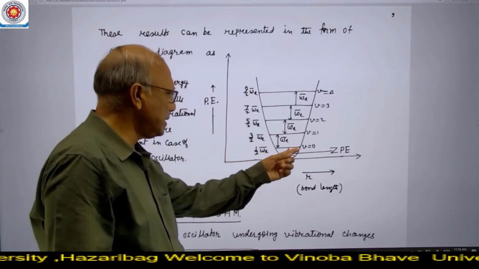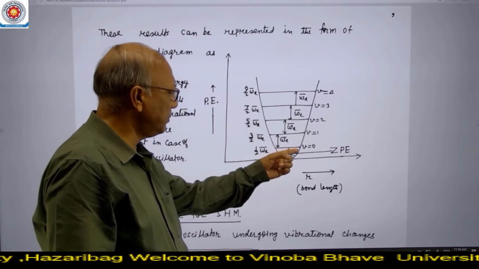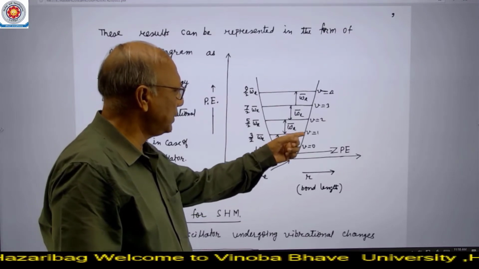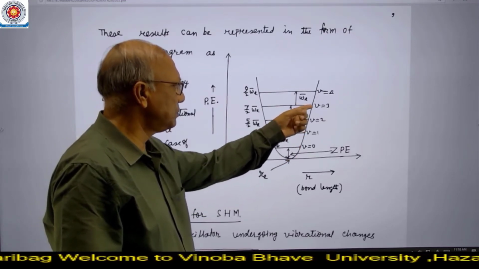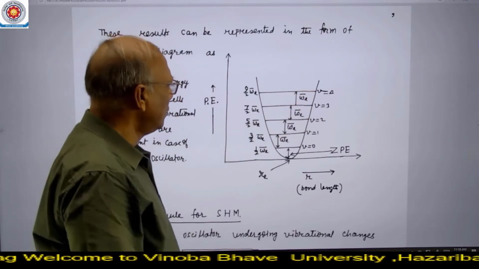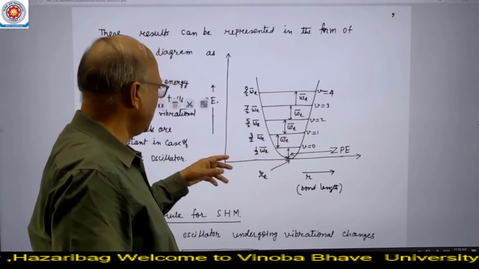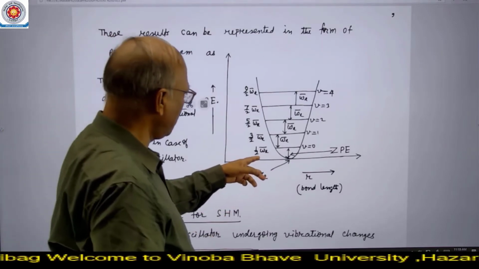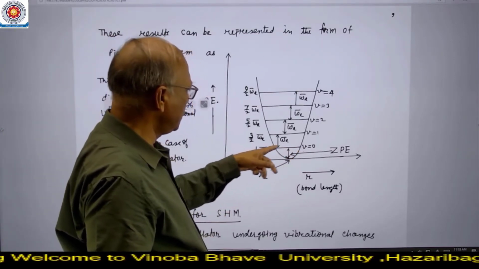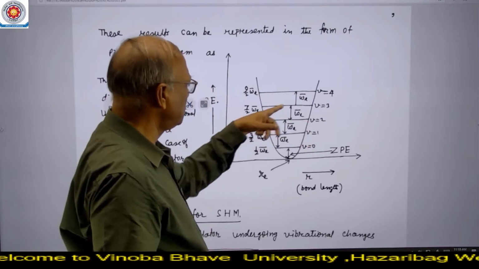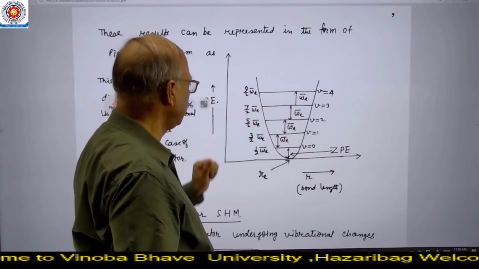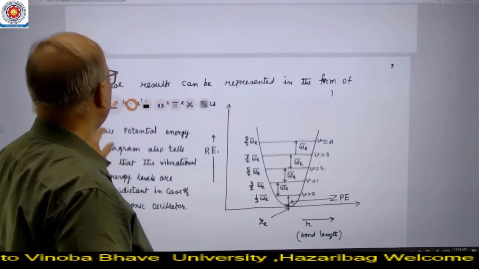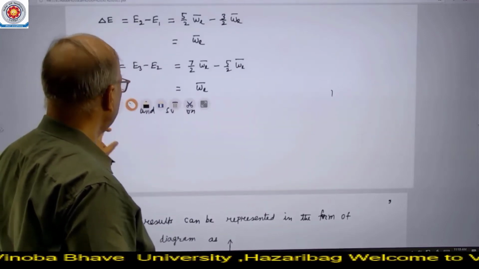This is the lowest vibrational energy level, V is equal to 0, then V is equal to 1, then V is equal to 2, then V is equal to 3, and then V is equal to 4. We have written the corresponding values of energy for each of these levels, which I have calculated here.